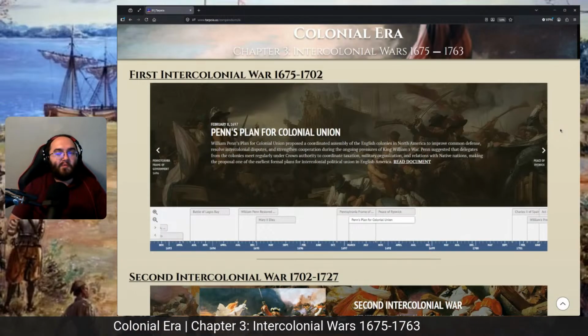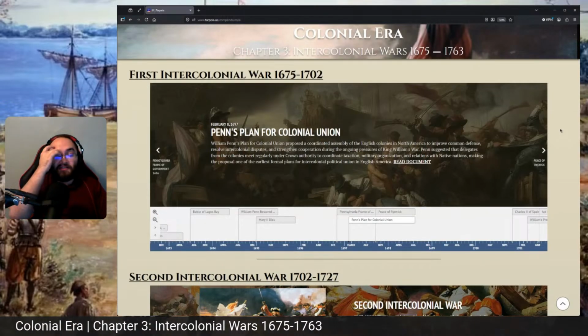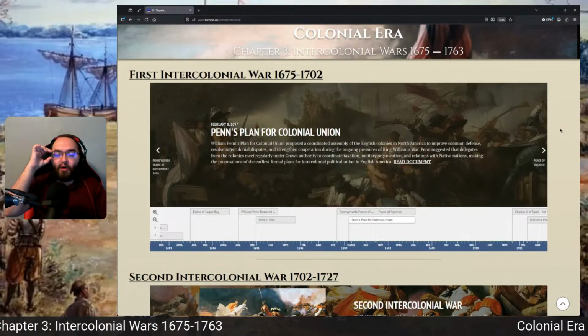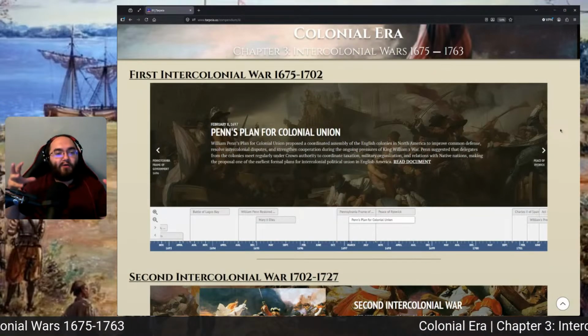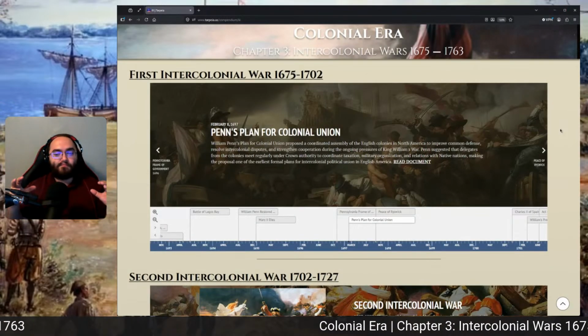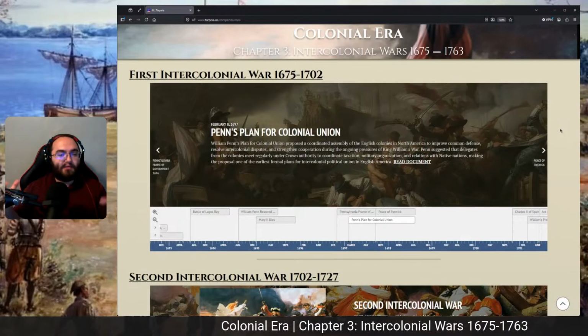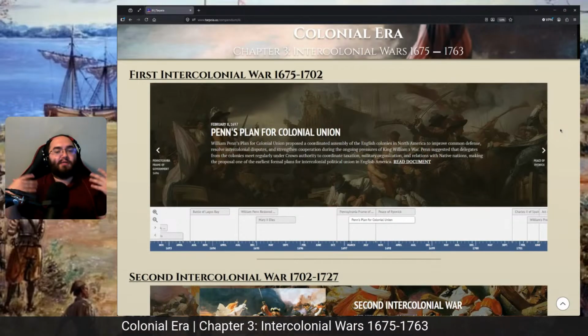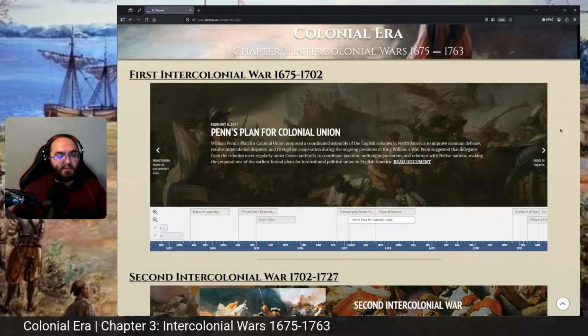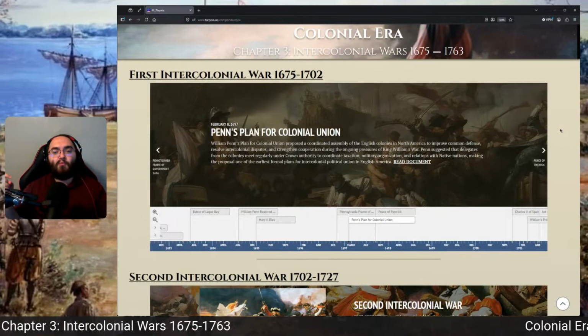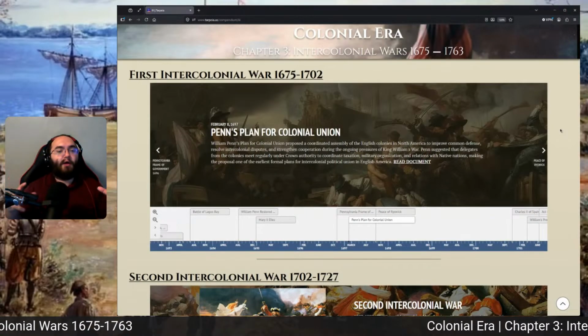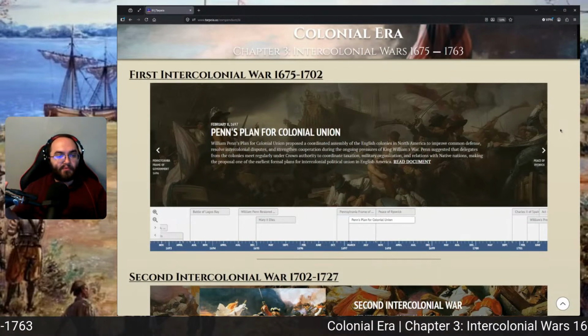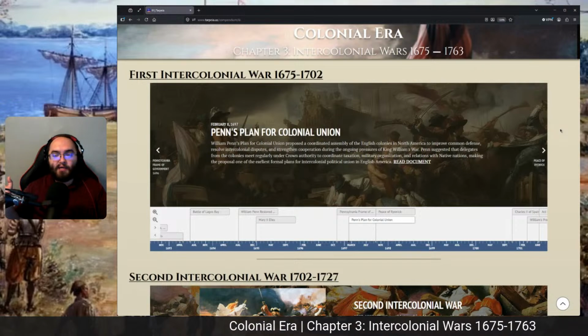And so, it's just interesting to see the dynamics. The policy itself of having the colonies together is a good policy. And the colonists will recognize that, especially leading into the American Revolution, where they understood that working together is better than working separately and individually.